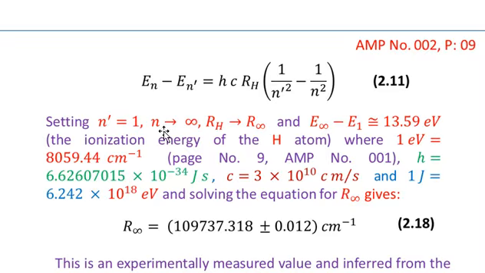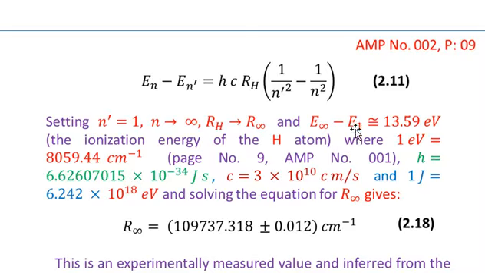We are changing RH to the value R infinity. R infinity is actually the same value as RH, but we put a subscript infinity in the sense that we are raising the electron from its ground state n equal to 1 to the state when n is equal to infinity.